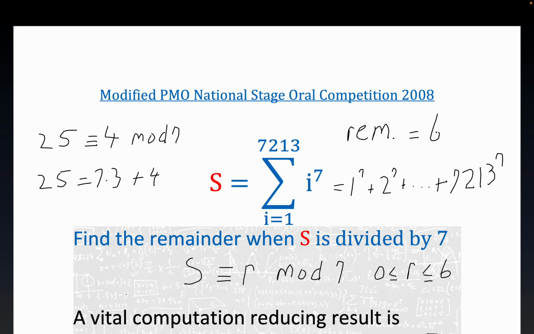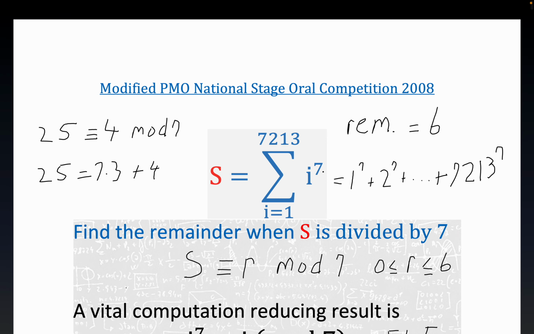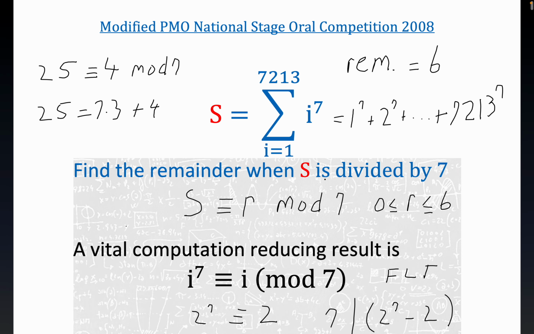And y'all, by the way, I just wanted to comment briefly. This PMO, Filipino Math Olympiad national stage, this oral competition, I think it's more of a mental math thing. And so I think the Filipino problem was I raised to the 5th power, and that's much easier to do mental math on. I did I raised to the 7th, which makes the mental math slightly more daunting.